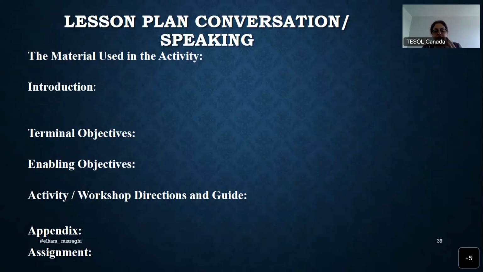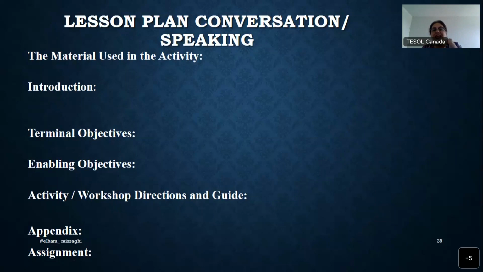Enabling objectives means what your students need to learn to get to that terminal objective. If they want to talk about their daily activities, they need to learn some new vocabulary. They need to learn simple present tense. They need to practice the pronunciation and intonation.